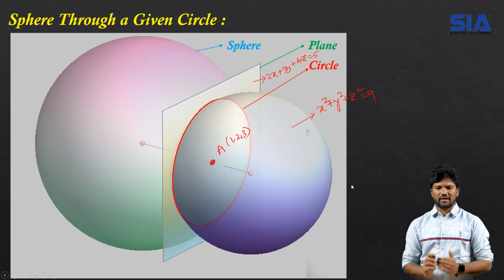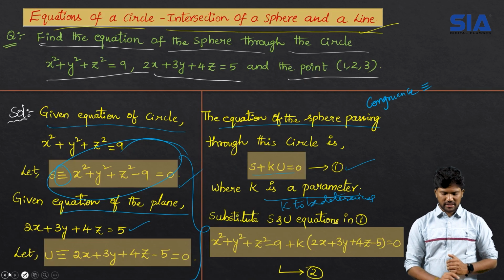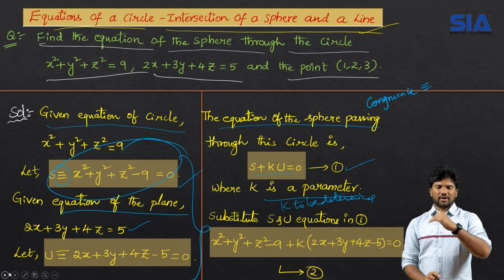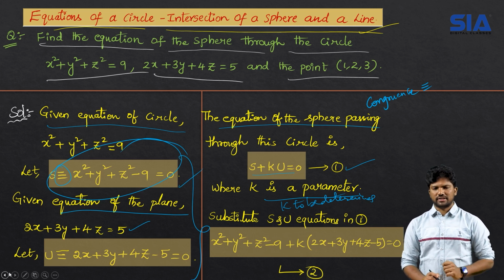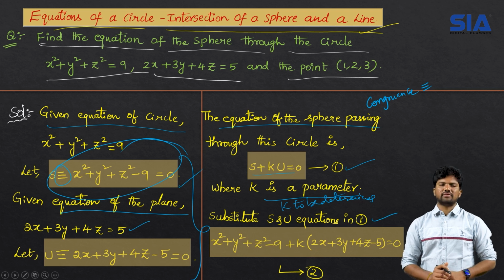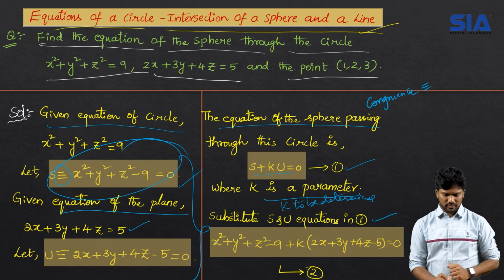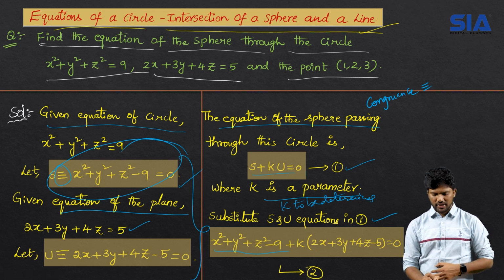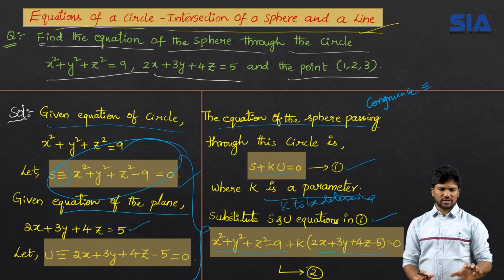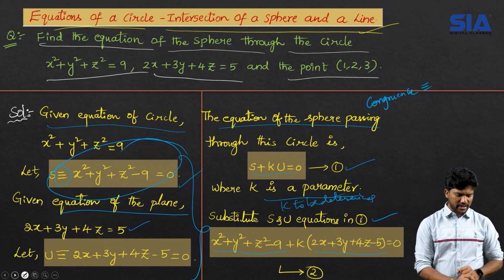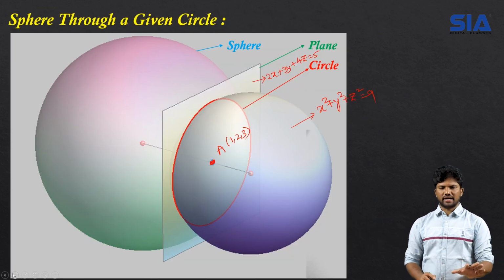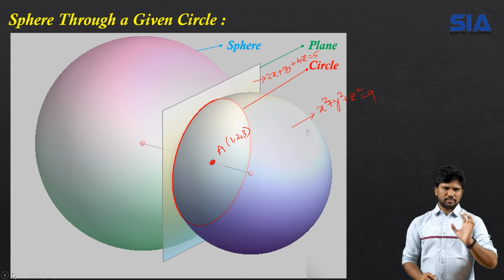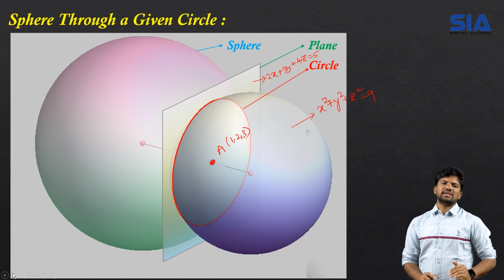After determining the k value, substitute it in equation number 1, then from there you will get the required sphere equation. Substitute the S and U equations in equation number 1. What is the S equation? x square plus y square plus z square minus 9 plus k into 2x plus 3y plus 4z minus 5 is equal to 0. We are just substituting the corresponding circle equation. Take it as equation number 2. So this is the diagrammatic representation of the sphere through a given circle.